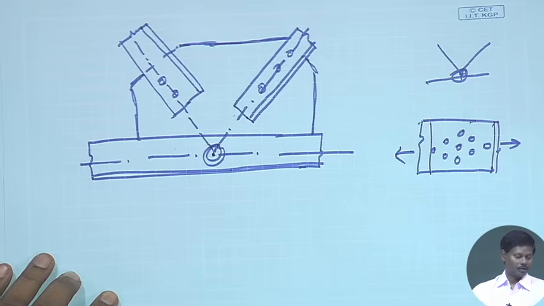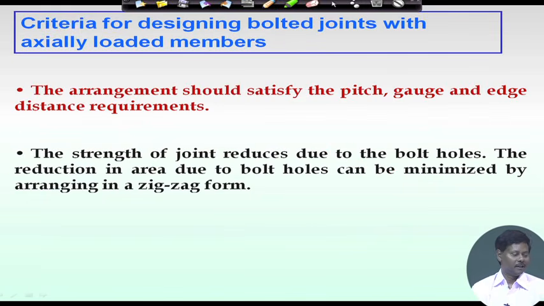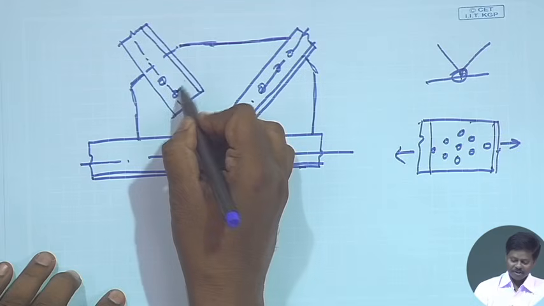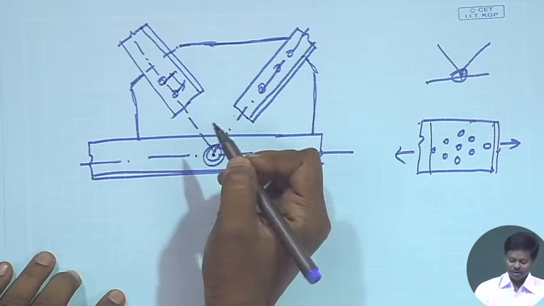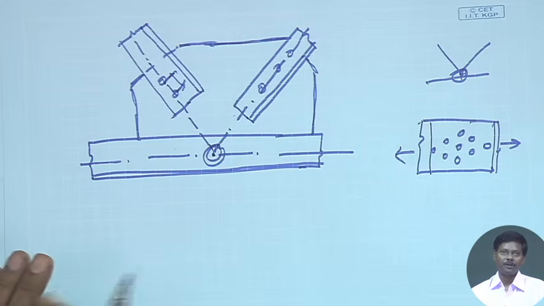Okay. Then the arrangement should satisfy the pitch, gauge and edge distance requirement. That means, what will be the pitch distance, what will be the gauge distance, what is the edge distance, all the things has to be satisfied.